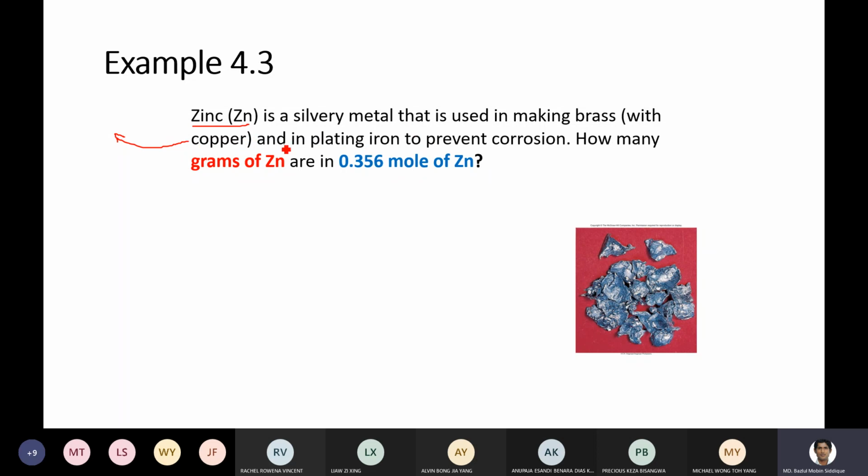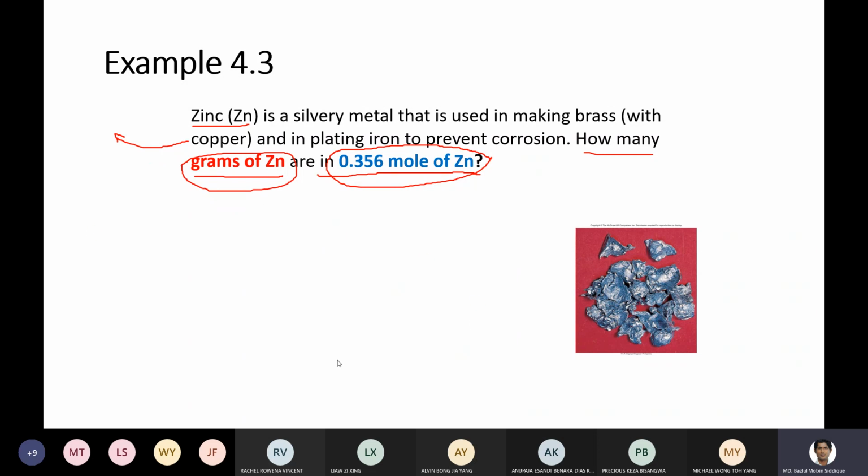So now the question is asking how many grams of zinc are in 0.356 mole of zinc. All right. The number of moles of zinc is given, and we have to find the grams of zinc in this number of moles.